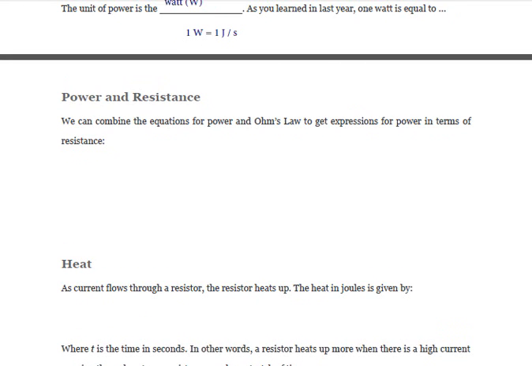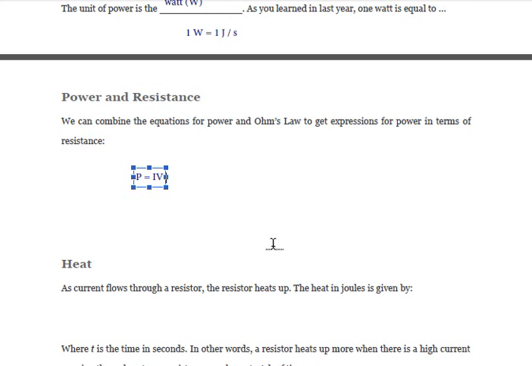Unfortunately, it won't always be the case that you know I and V when you're trying to find a power. You might know something about the resistance, but we can take Ohm's law and make a few substitutions into our power equation to get different expressions for power in terms of some object's resistance. So power, we know that P is I times V. That's what we got on the last page. But let's say we don't know what I is.